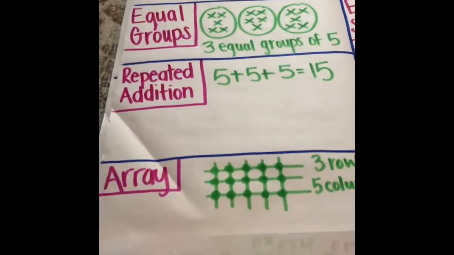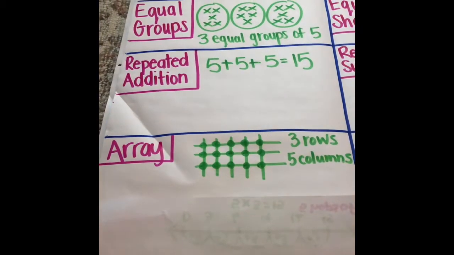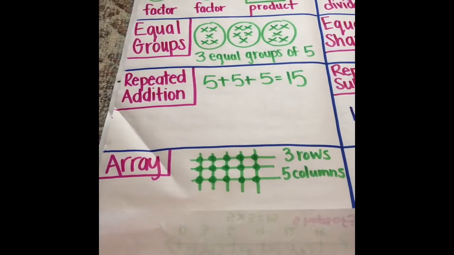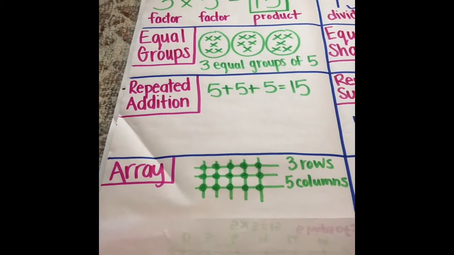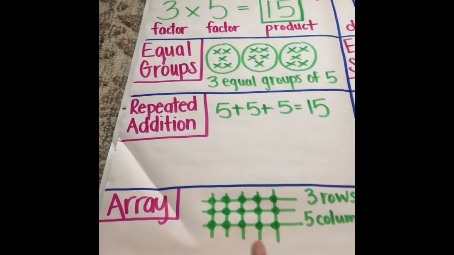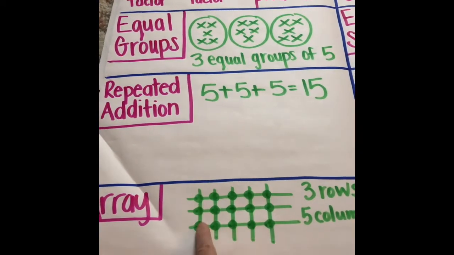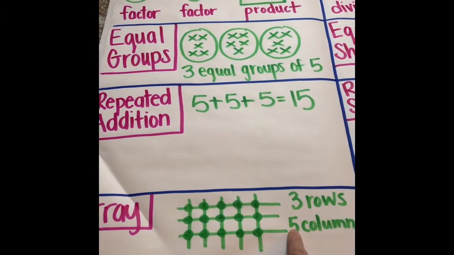So the first strategy we're going to talk about is an array. So we learned in multiplication the way that we can use an array to solve a multiplication equation is we take our first number, the 3, and we know that we need to draw 3 rows with those horizontal lines.